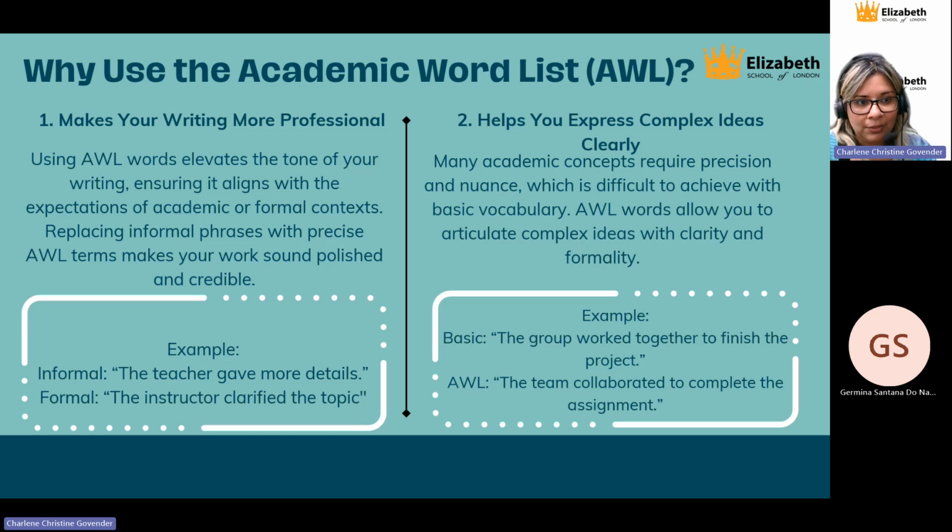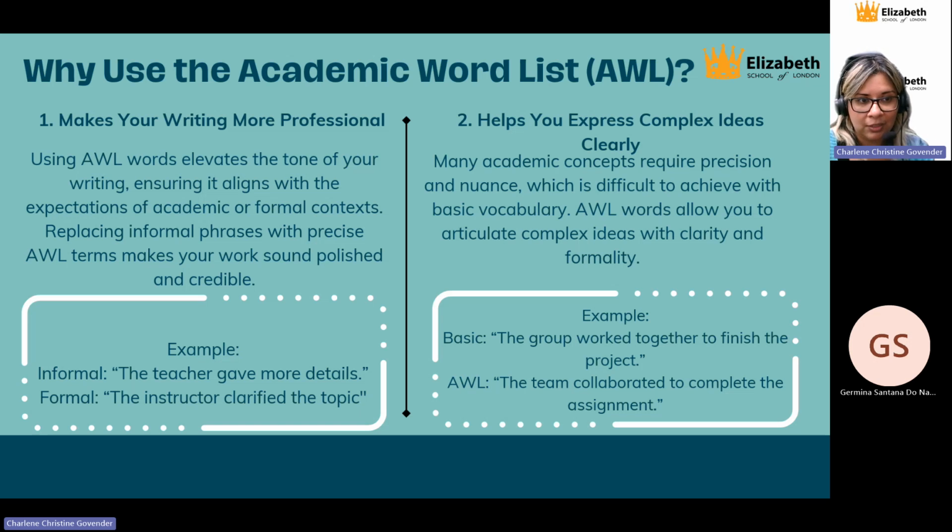Okay, so you are only using academic words if you are using the academic word list. That means you are using words that have been used by other students, lecturers, anyone who has created any form of academic writing. All that information has been pulled, and then the academic word list has been created from there.